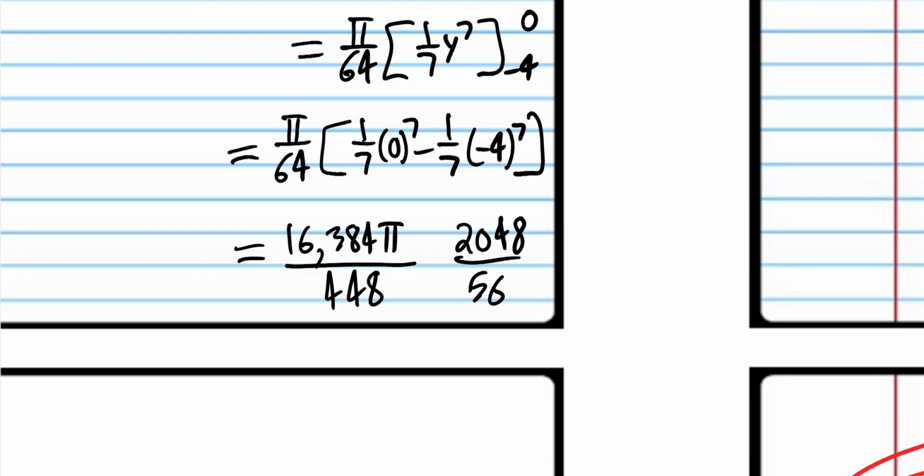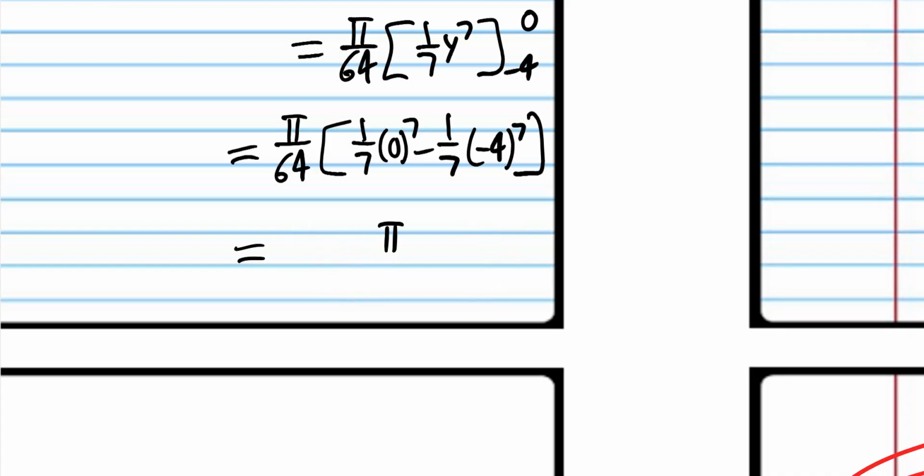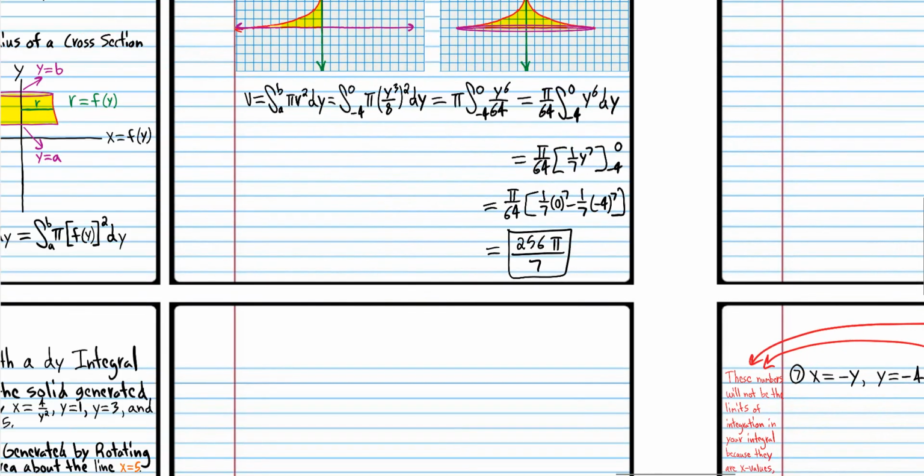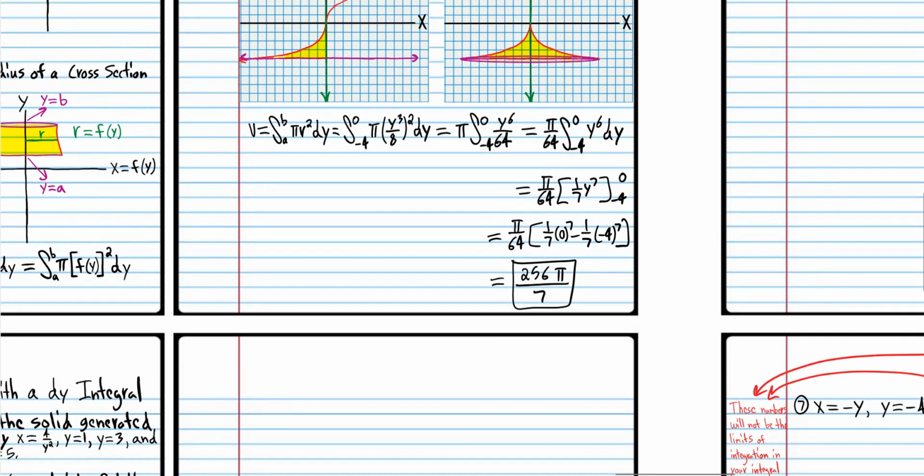Maybe I'll try dividing by 8 again. And I get 256 pi over 7. So, looks like that's our answer. You can't divide anymore without getting an irrational or a decimal that is an approximation, so there you go.